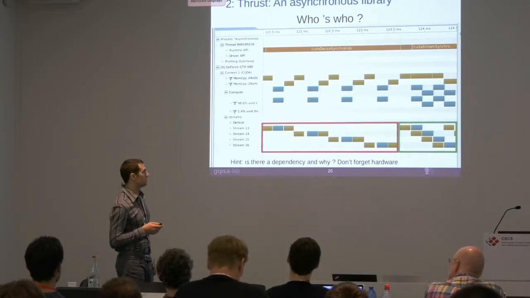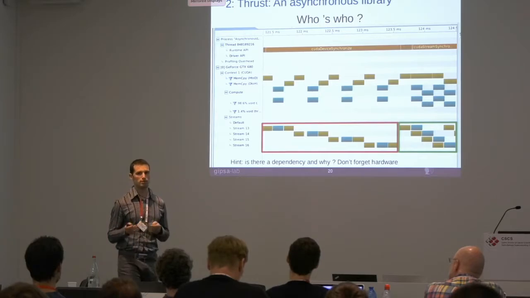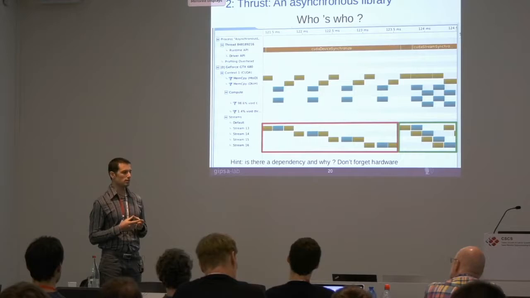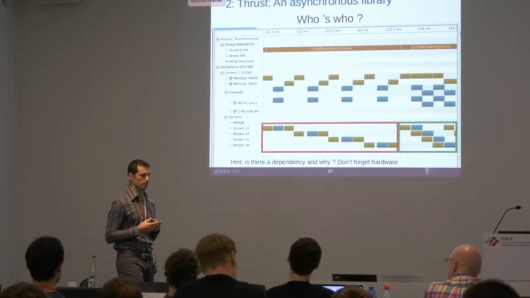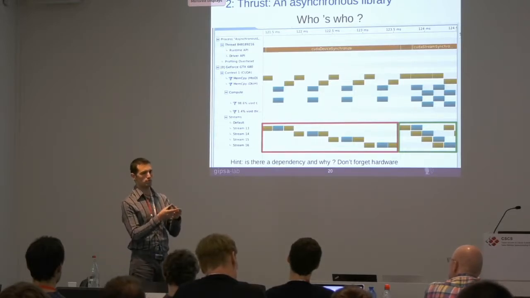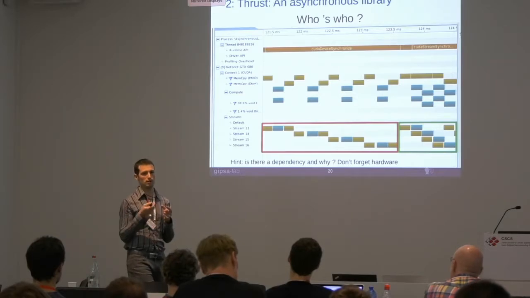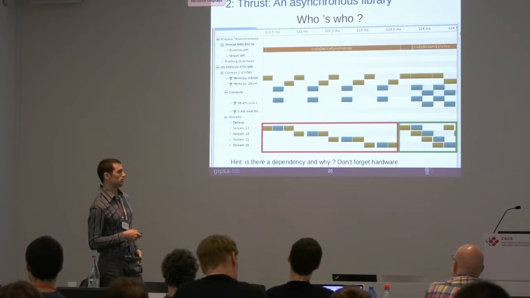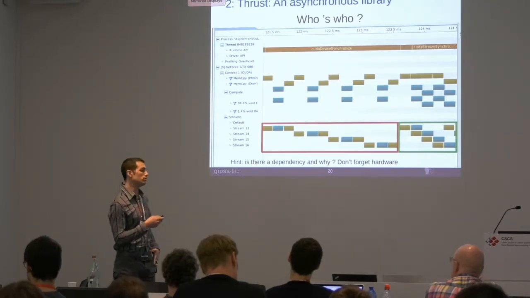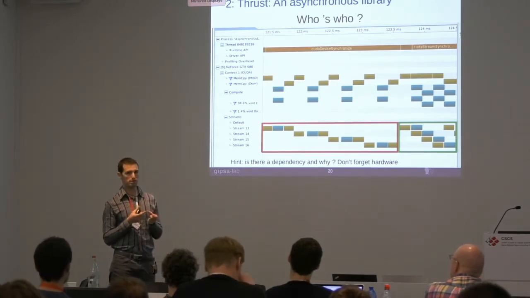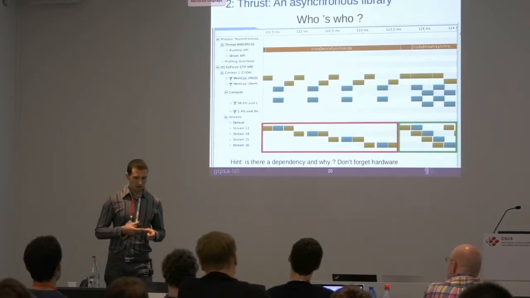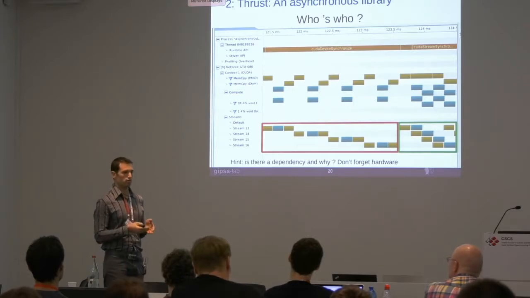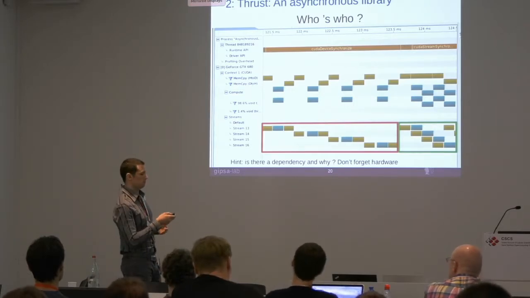What it means is that when you launch a copy, whether it's from host to device or device to host, those copies, even if they are asynchronous, are pushed inside a queue, and a copy engine can be seen as a queue. If you launch multiple copies sequentially, each copy will be seen by the copy engine as a task in a queue, and it has to finish one task before beginning the other.